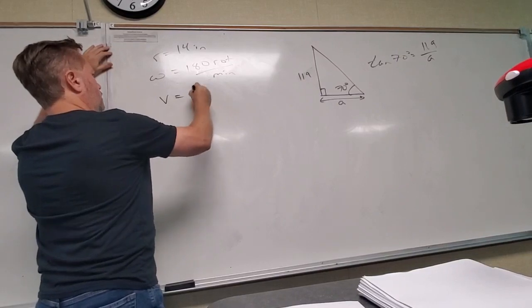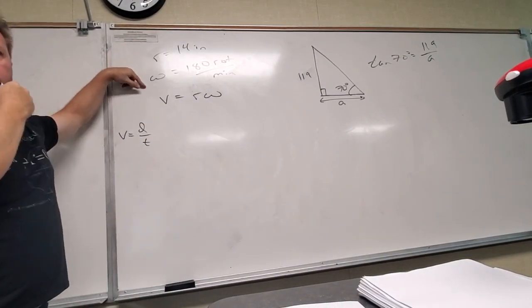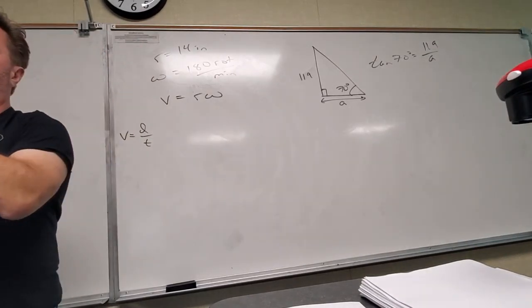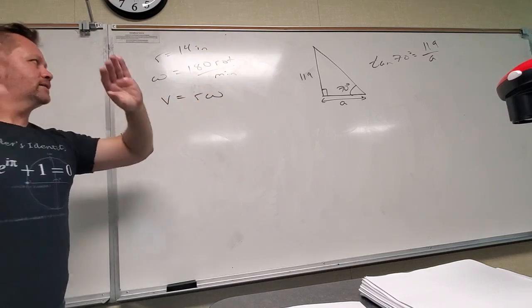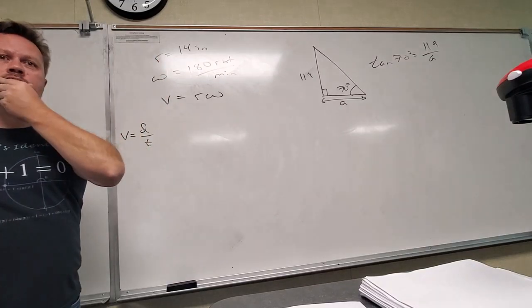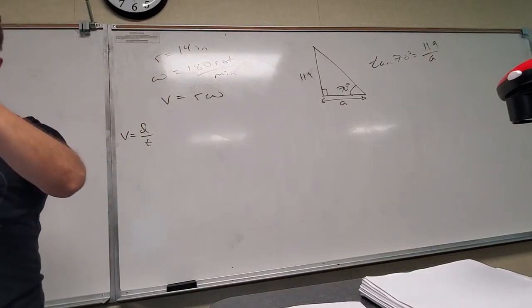Yeah. Right? Now what is omega? Is everybody with me? Why can't I just plug these numbers in? It's got to be in radians, right?